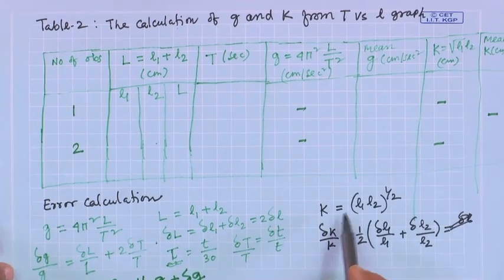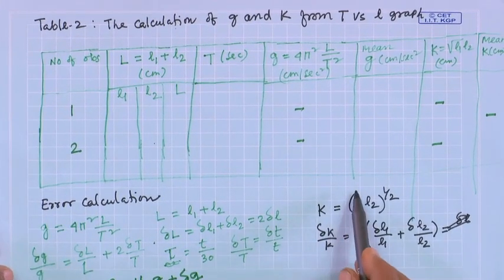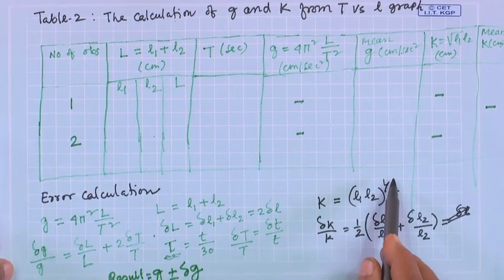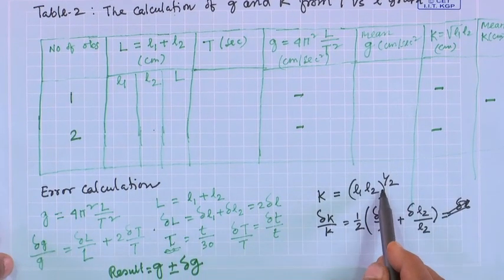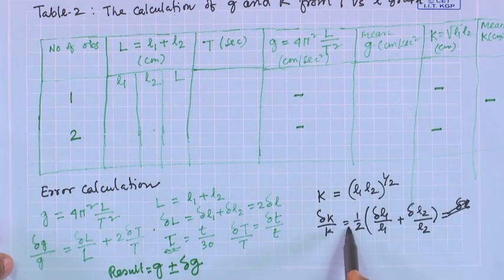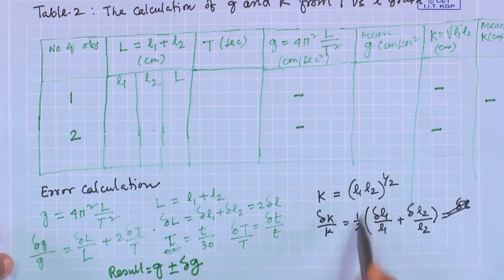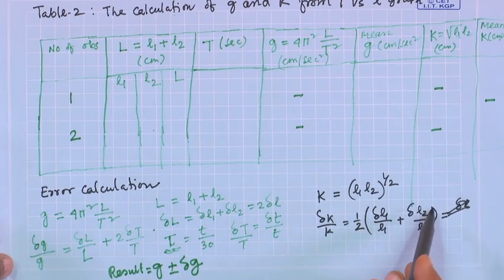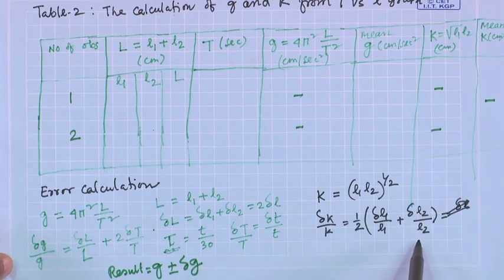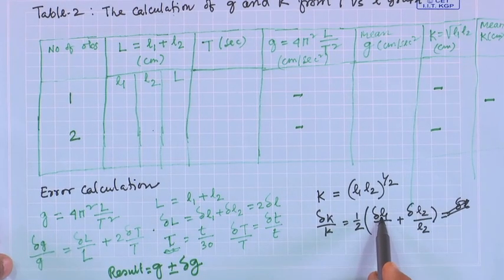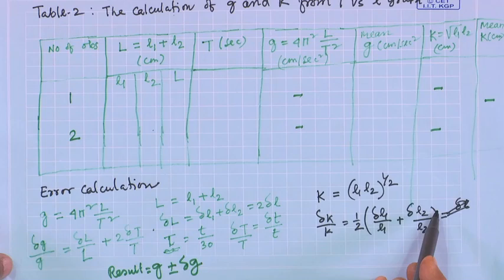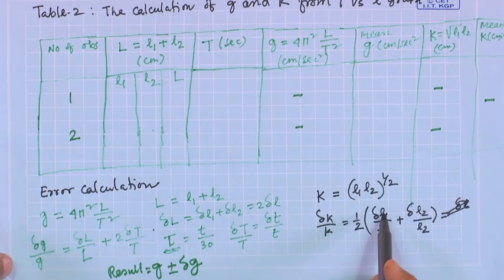Similarly, K is the square root of L 1 L 2. So, delta K by K will be half of delta L 1 by L 1 plus delta L 2 by L 2. Delta L 1 equal to delta L 2, the same value, in our case 0.1.